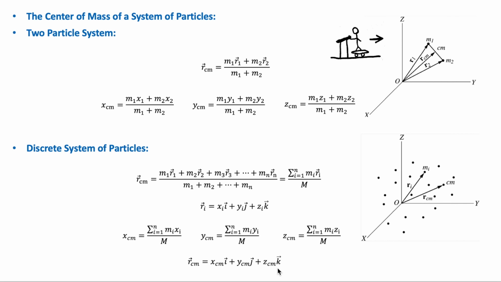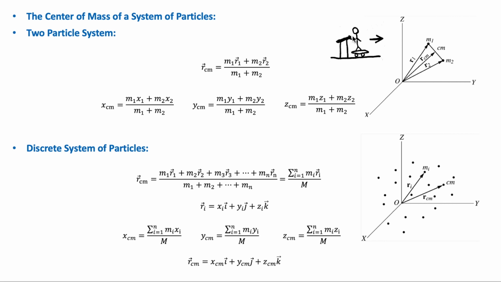So let's go back to the example of the man plus skateboard given in the work energy video. As we have shown, the man plus skateboard cannot be treated as a particle because different parts of the system are moving in different ways.